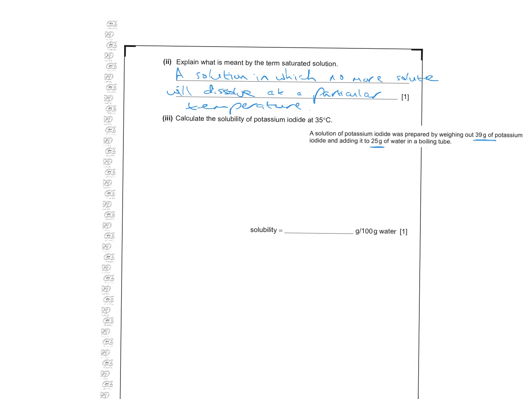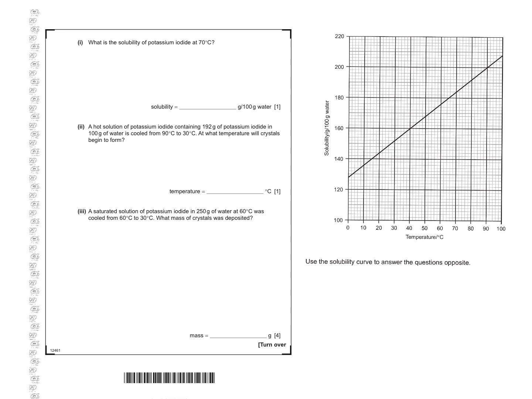And the units of solubility are grams per 100 grams. Well, to go from 25 to 100, multiply by 4. Therefore, this must be multiplied by 4. So it's going to be 39 times 4, and that works out to be 156 grams per 100 grams of water.